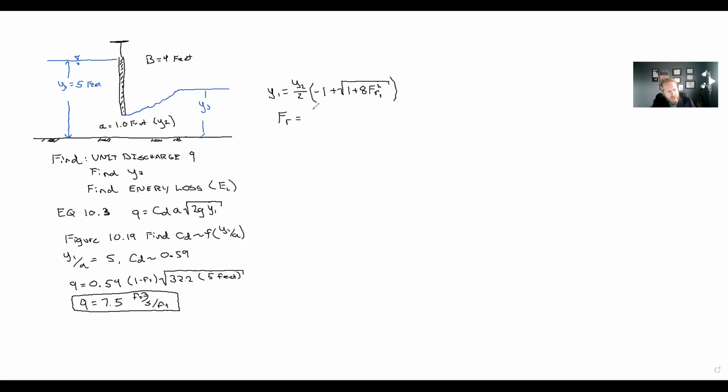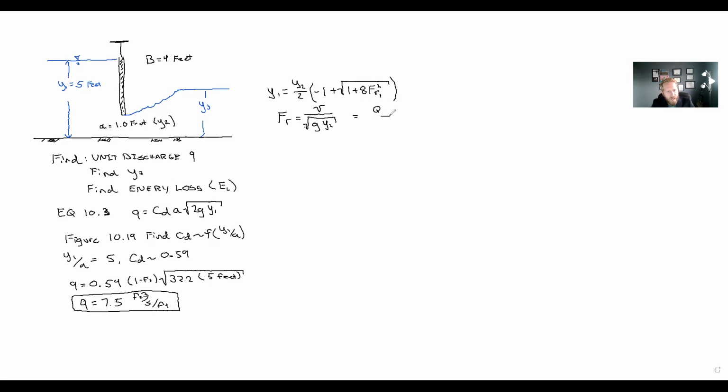So the Froude number is equal to the velocity in this channel divided by the square root of gravity times the depth, for rectangular channels. This can also be expressed with the unit discharge. I'll walk through it a little slower.